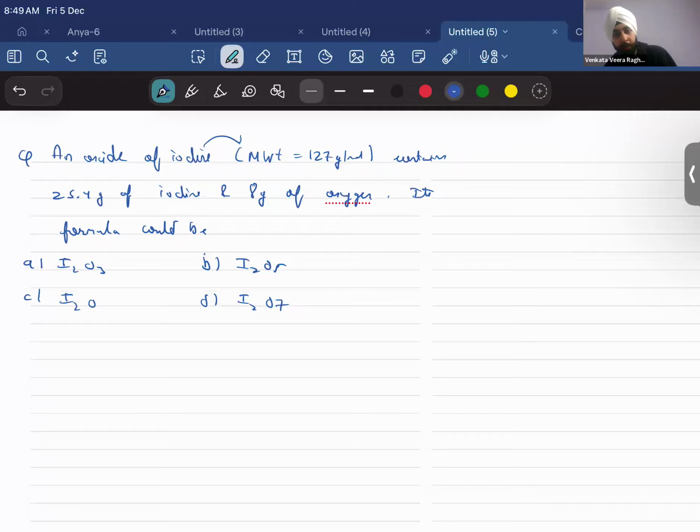Use exactly the same method and tell me the answer. Form a table: element, the percentage or grams given to you divided by their atomic weights, and then finally the simplest ratio.